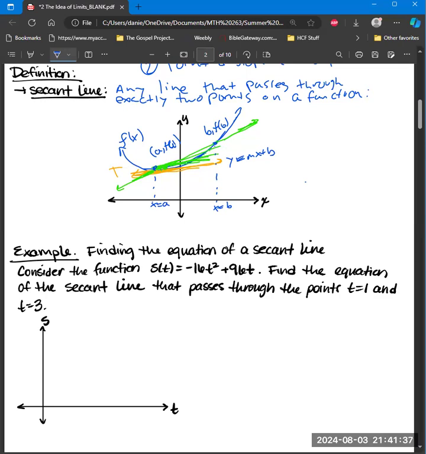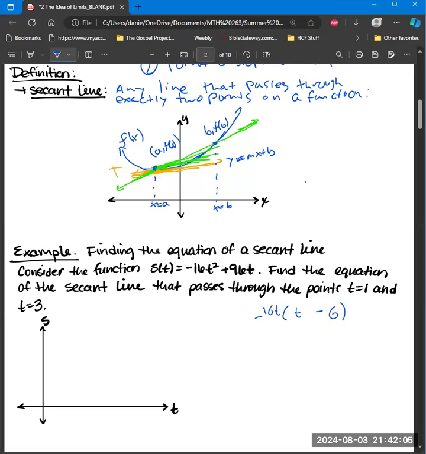And so let's find the equation of a secant line, considering the function s of t equals negative 16t squared plus 96t. If I factor this, this is negative 16t times t minus 6.